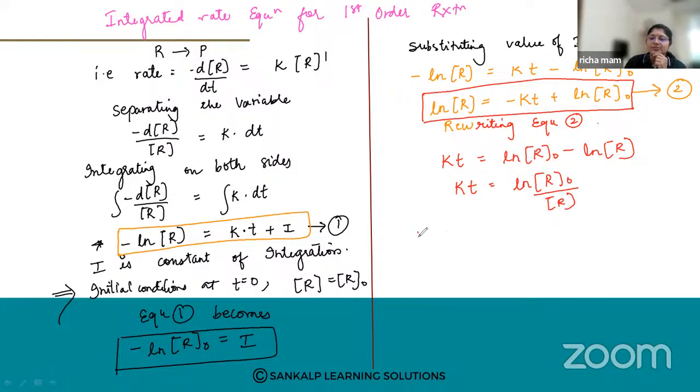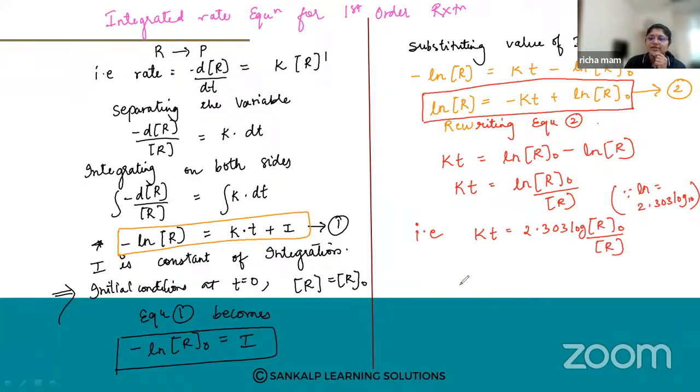Therefore kt is equal to, and ln is equal to 2.303 log to the base 10. Putting this value, it will be 2.303 log of r naught by r.